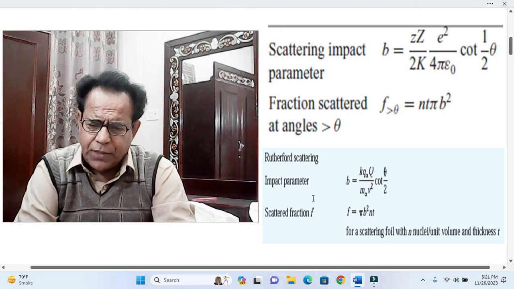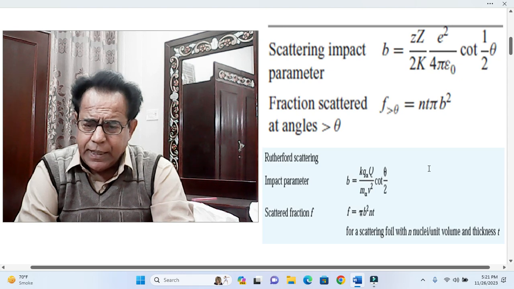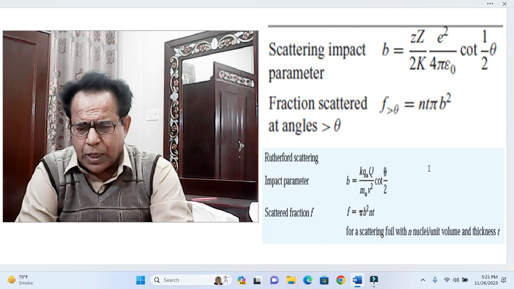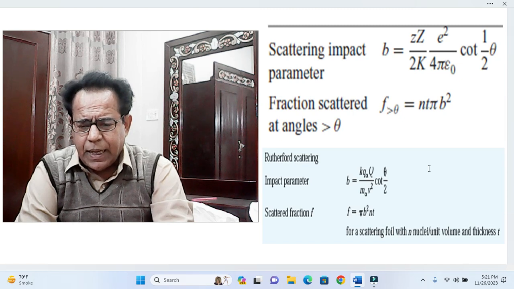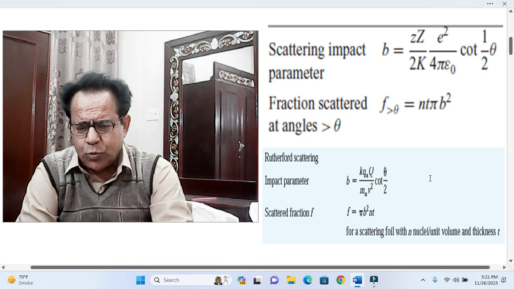Okay, Rutherford scattering impact parameter small b is equal to small k small q alpha, where alpha is written as a subscript of small q, into capital Q over m alpha, where alpha has been written as a subscript of m, that is to say mass of the alpha particle, into v square into cot theta by 2.